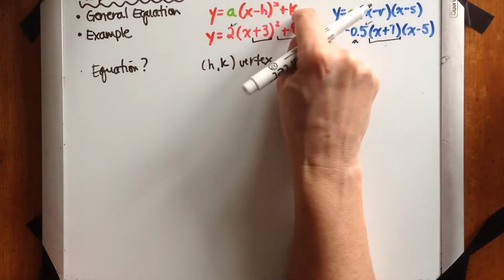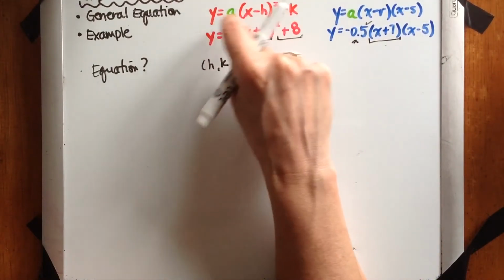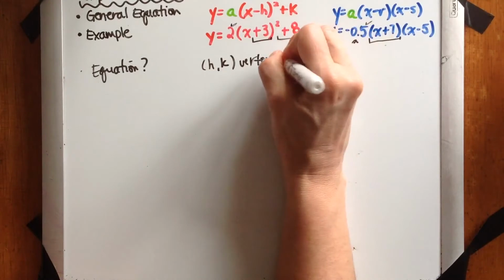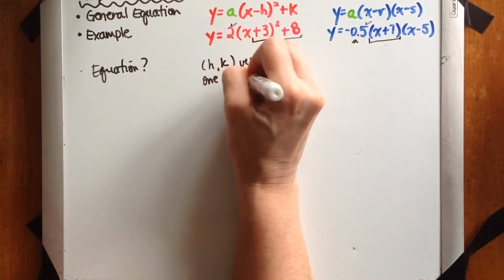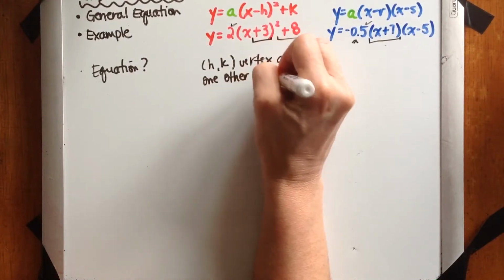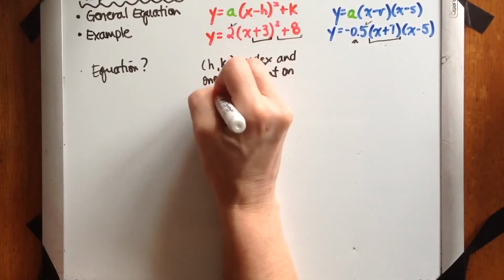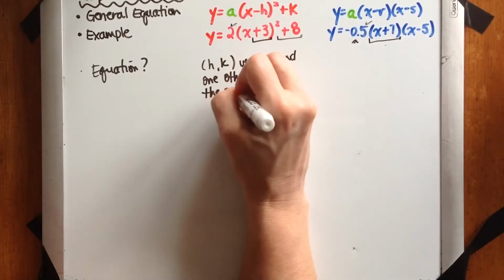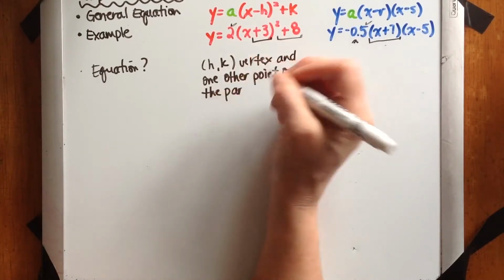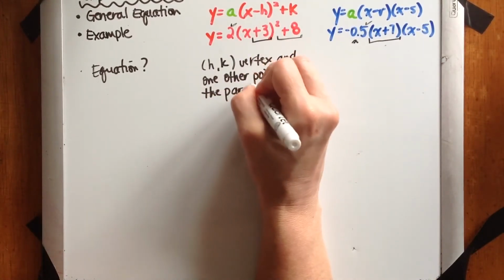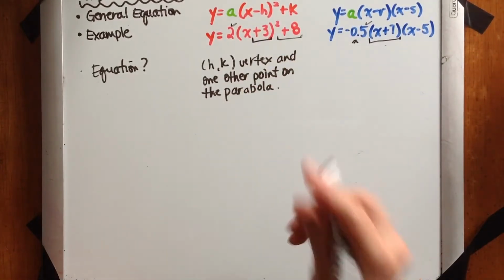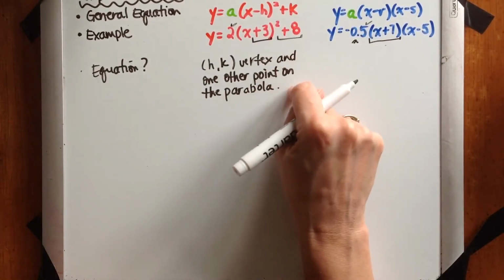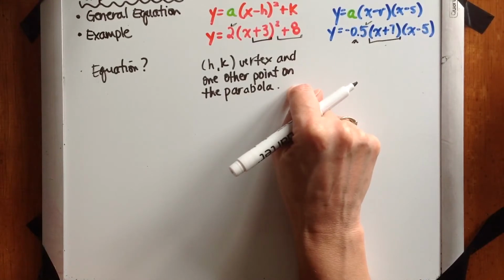To go here and here. But in order to find a, I also have to know one other point on that parabola, other than the vertex. It could be an x-intercept, it could be a y-intercept, it could be any other point that's given to you. But you would have to be given those in order to come up with the equation to solve for a.